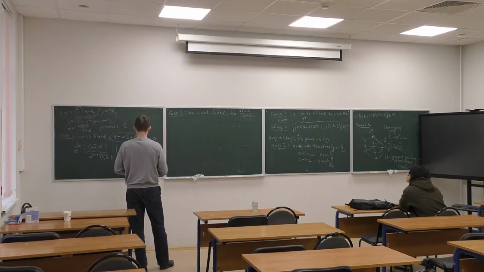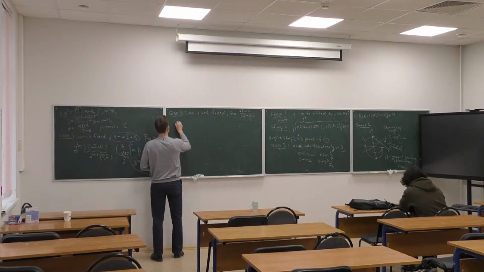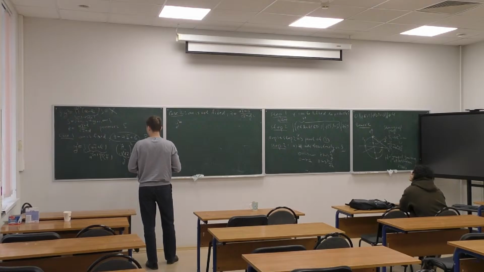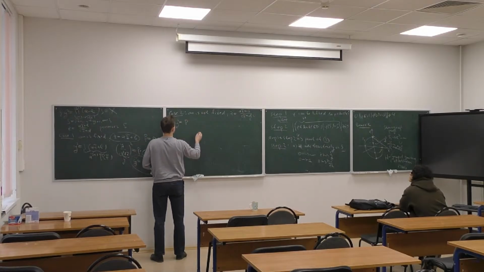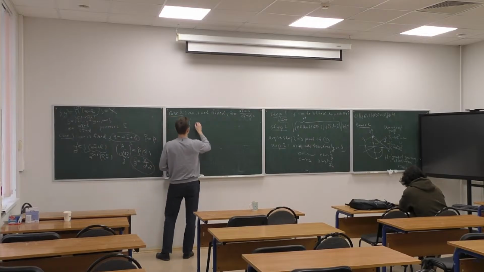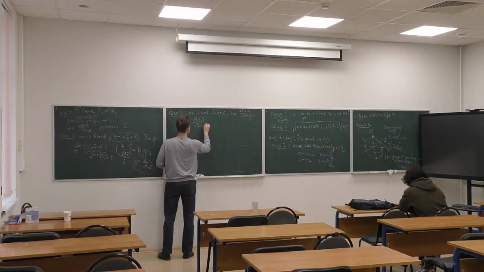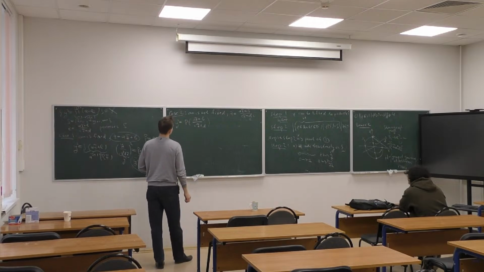And then you just, what you can say? You can say that, yeah, you substitute. So you obtain y squared equals p of (a z tilde plus b) divided by (c z tilde plus d).